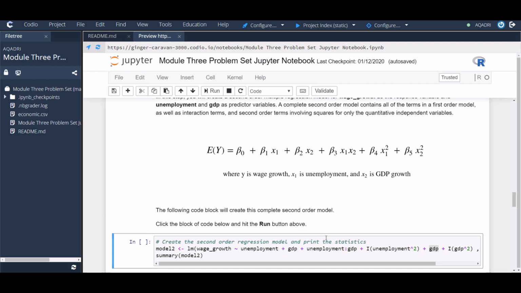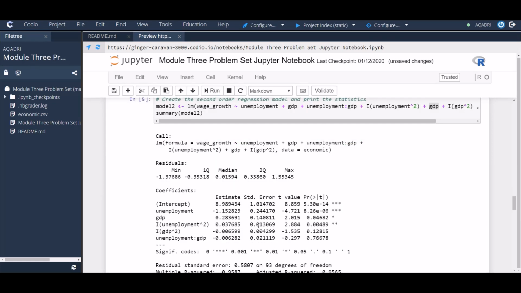So here we have the model. To code this is pretty much the same as what we have been doing so far, so that should not be any surprise to you. Let's run it and see what we get. So here's the output.